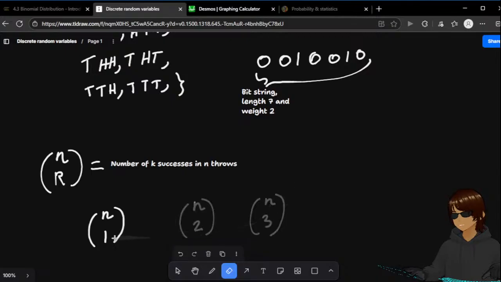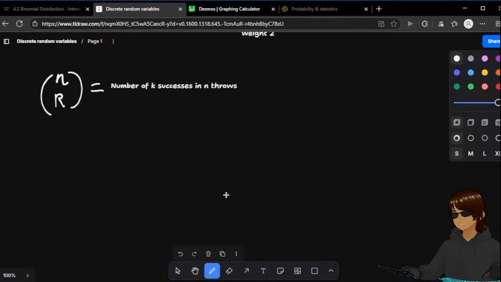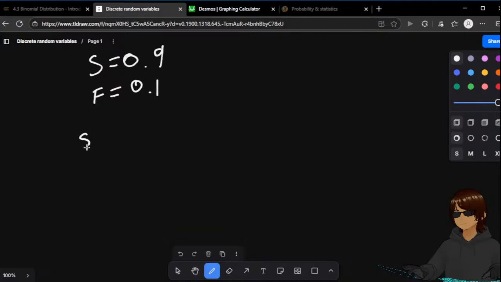But I think a coin is a 50-50 example. I think a better example would be where the probabilities are different. Let's say probability of success is 0.9. Probability of fail is 0.1. So based on four trials, how many ways can I have one success?